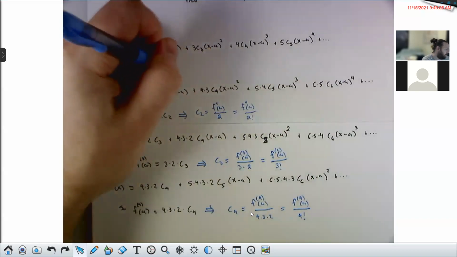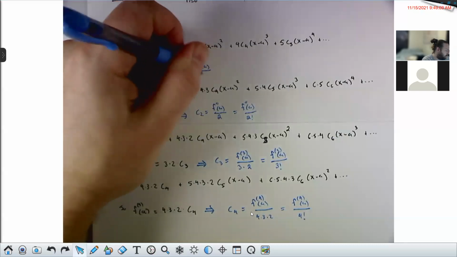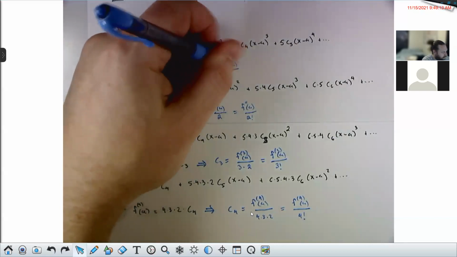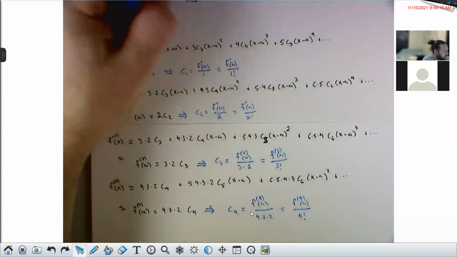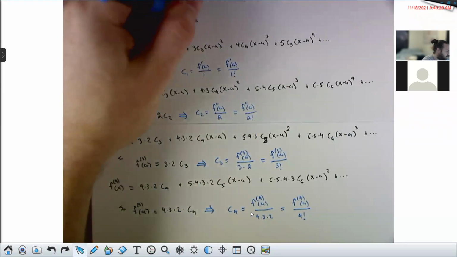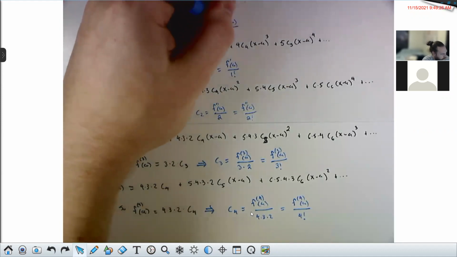Here, C1 is F prime of A over 1, and 1 is the same as 1 factorial. And here C0 is F of A over 1.